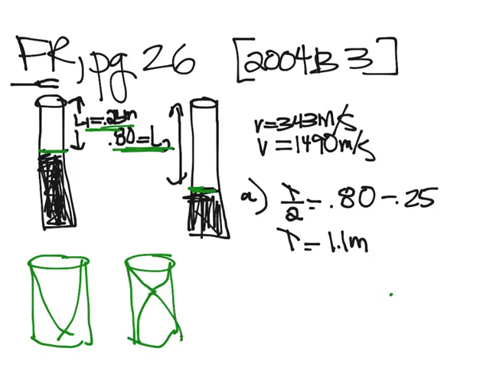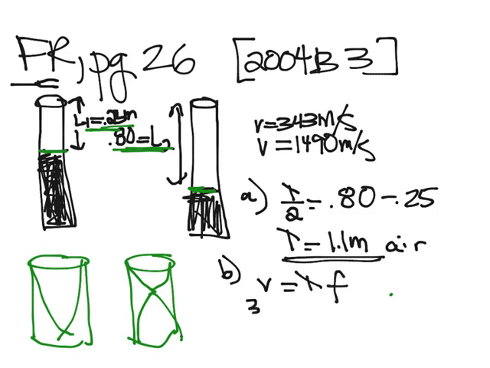In part B, it wants to know the frequency of the tuning fork that produces the standing wave. Okay, so if this is true in air, then we can use v equals lambda f to find the frequency of the tuning fork.